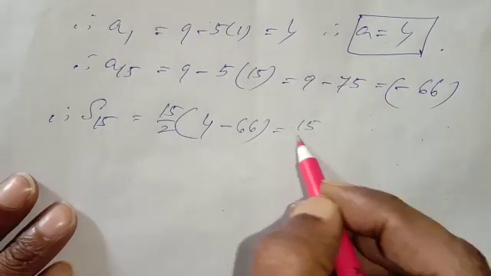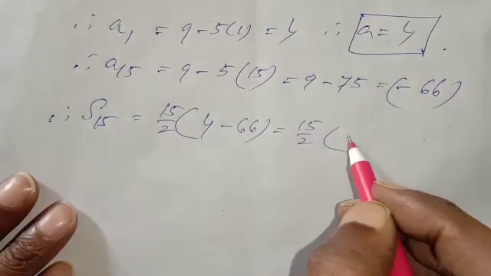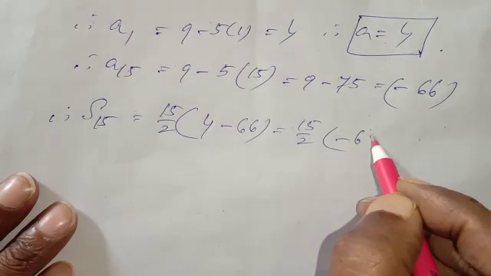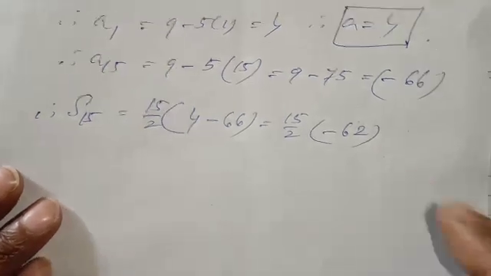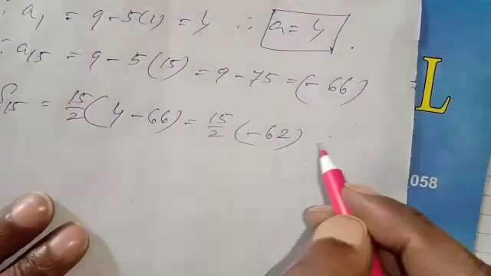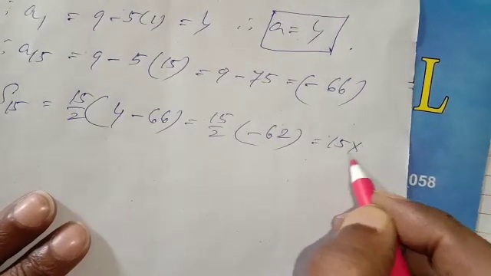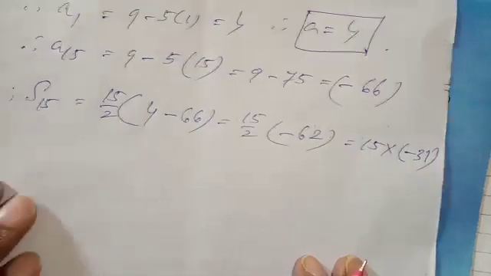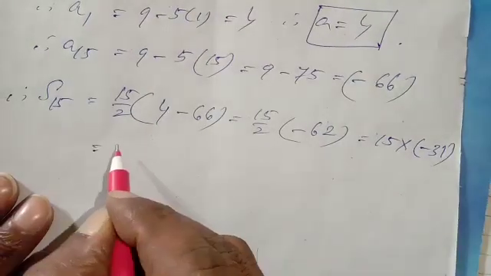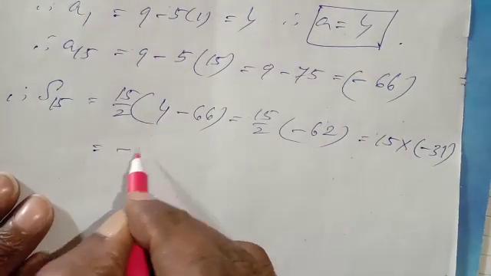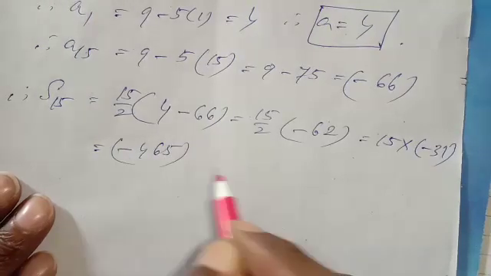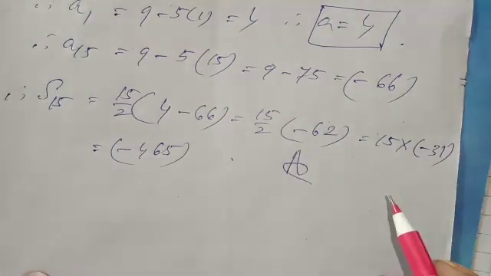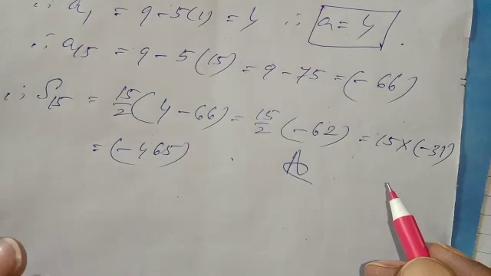That means 15 by 2 into minus 62. It will go by 2. How much will it be? 15 into minus 31. Multiplying 15 into minus 31, I think it comes to minus 465. The third part is also completed. I hope it is clear for you.